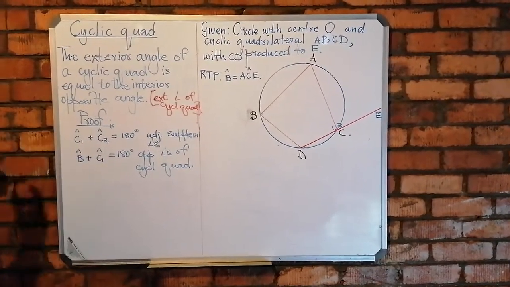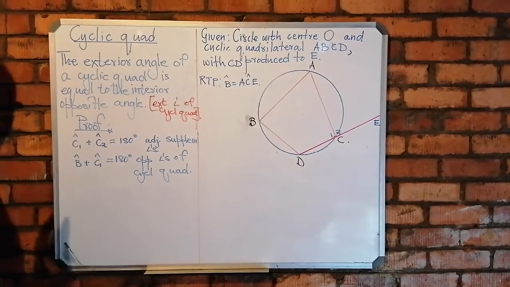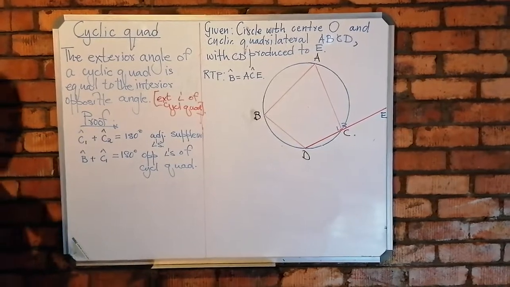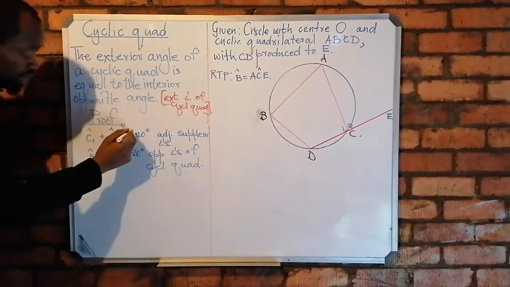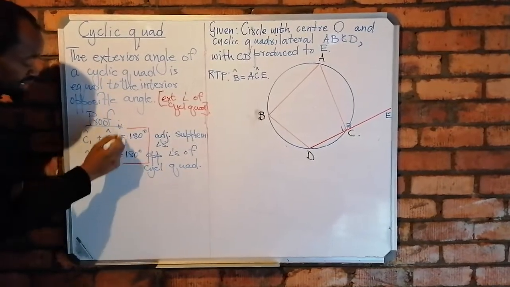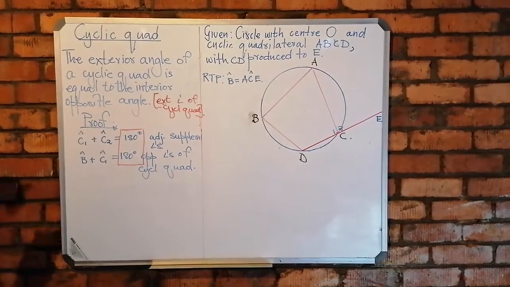Now, look at these two mathematical statements. Remember, geometry is all about logical reasoning. If you look at these, I've got 180 here and 180 there. What does this mean now?